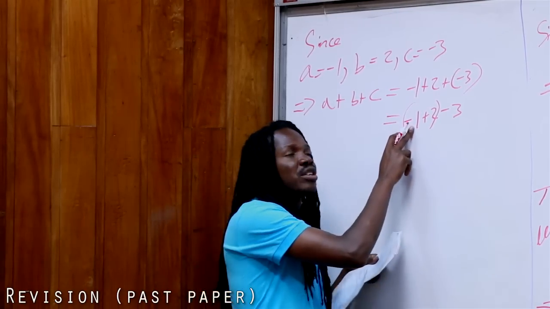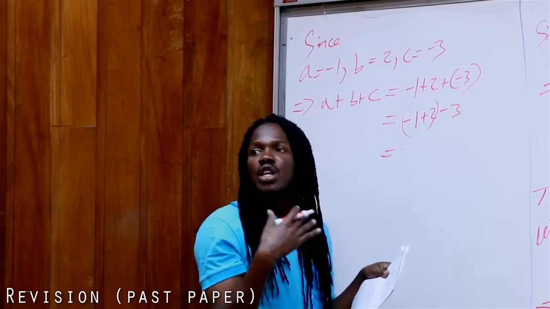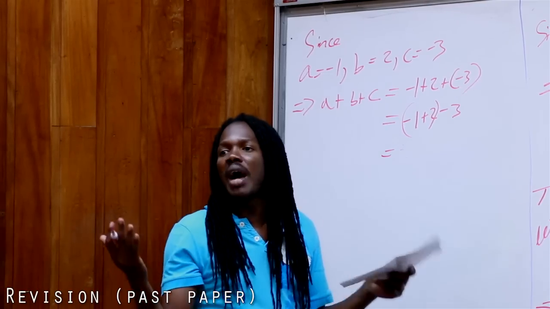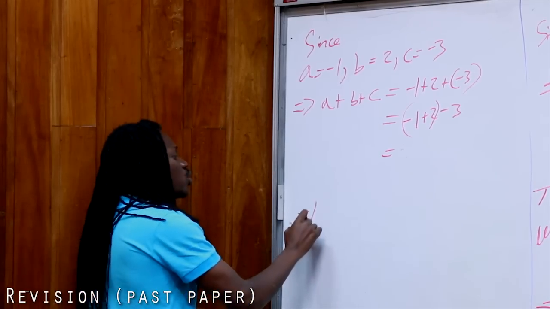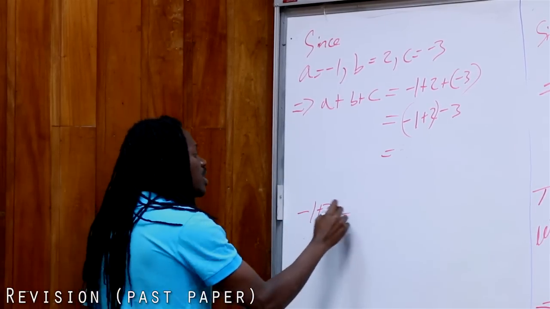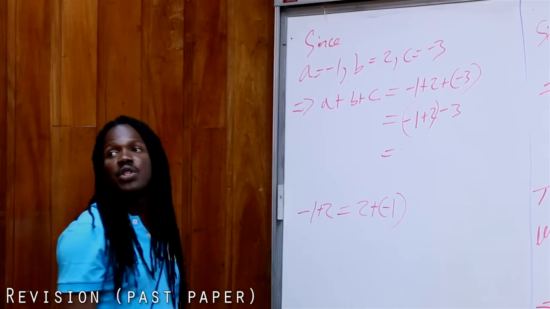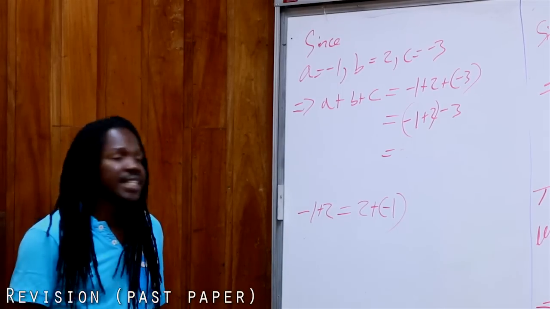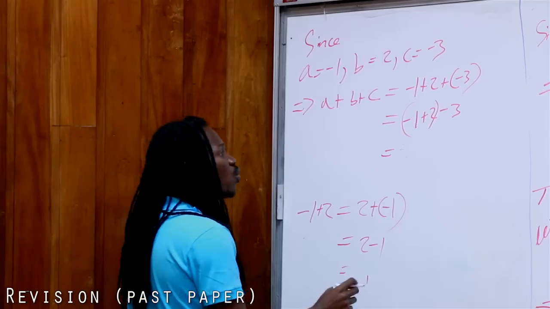When you see minus and a plus, it becomes 2 plus minus 1, which is 2 minus 1. Minus 1 plus 2 is equal to 2 plus minus 1. The way in which you add numbers is the same. That means it's equal to 2 minus 1, equal to 1.